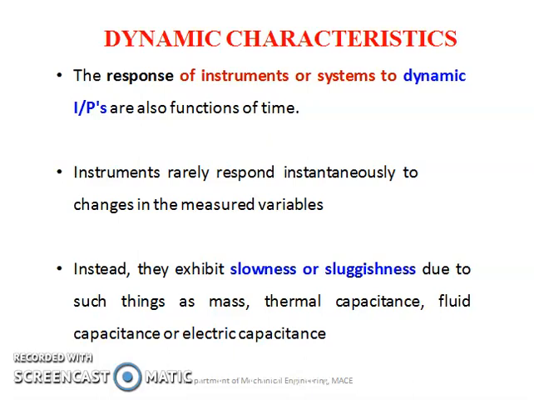Till now, when we were discussing static characteristics, the inputs were constant with respect to time, but when the input varies with respect to time, the instrument may not respond instantaneously to that change in input. The instrument may exhibit slowness or slackness due to things such as mass, thermal capacitance, fluid capacitance, or electric capacitance.